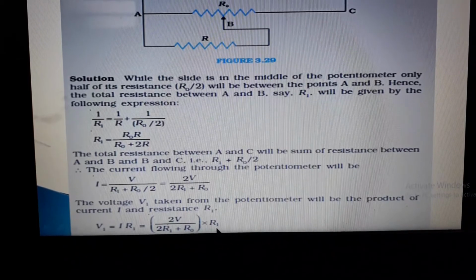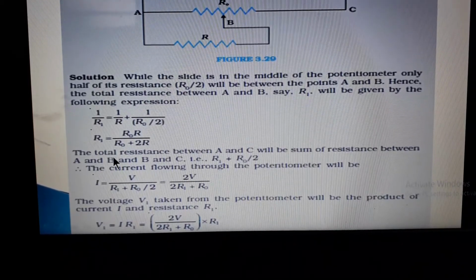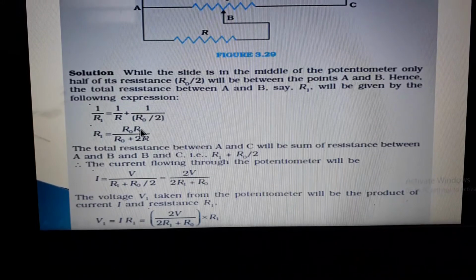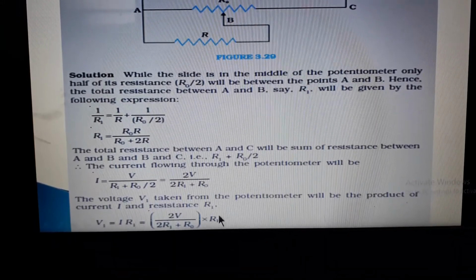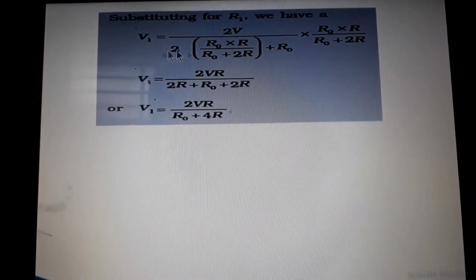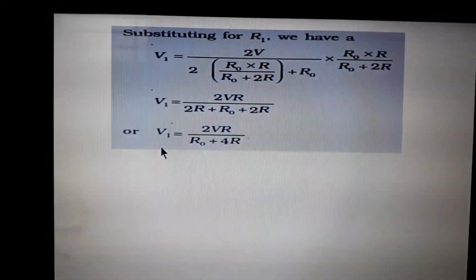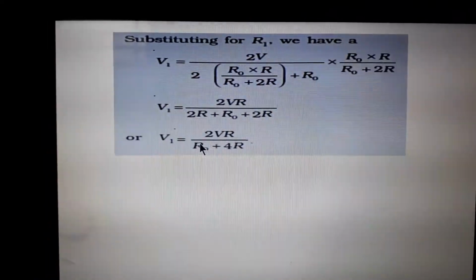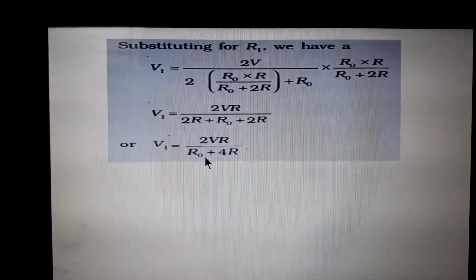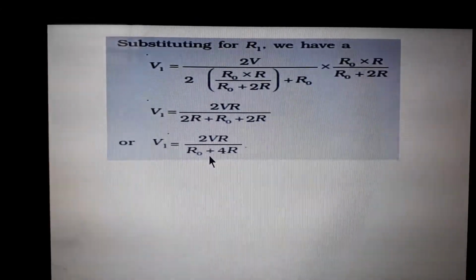Now just place the value of R1. Substitute for R1 in this equation. When you solve this equation, you will get V1 equal to 2VR divided by (R0 plus 4R).